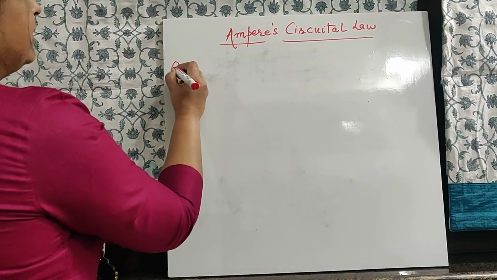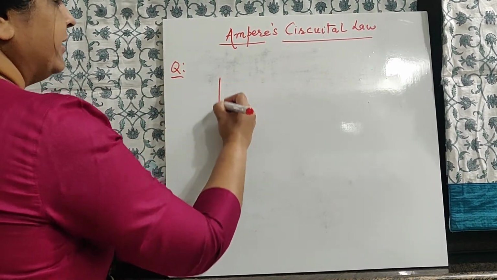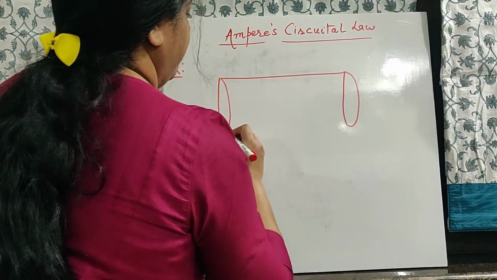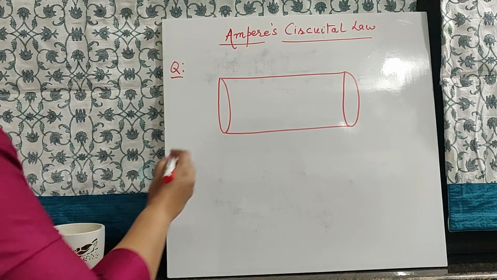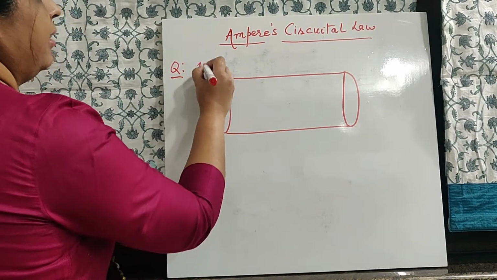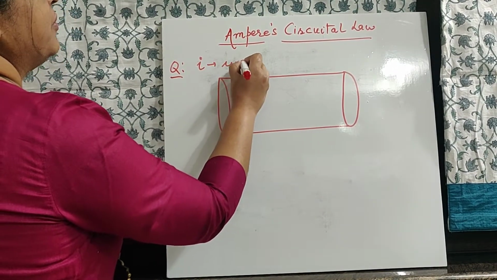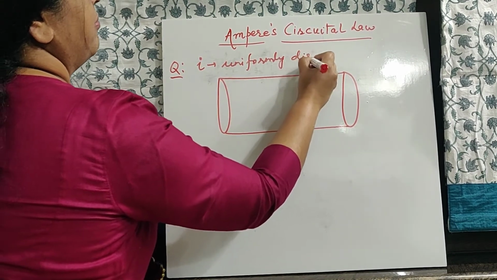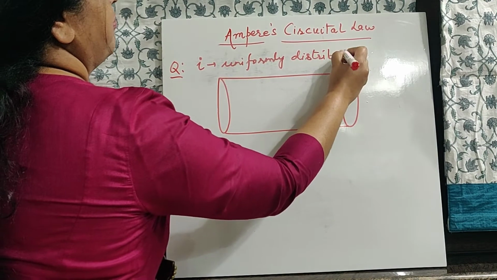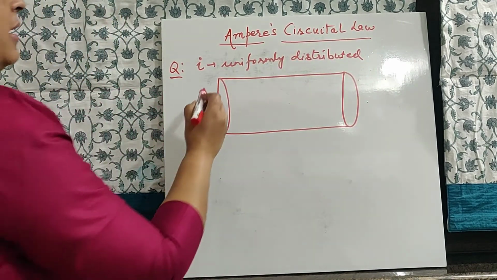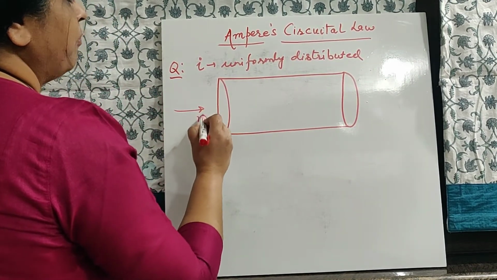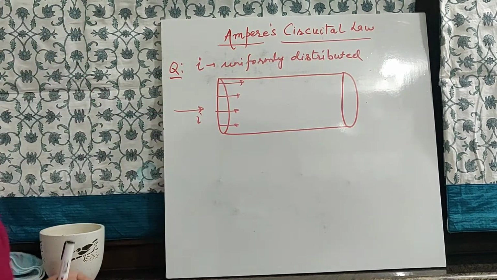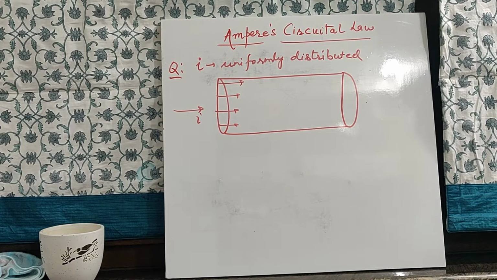Now, question is, we have a conductor like this, and current I is uniformly distributed throughout the cross section of the given conductor.